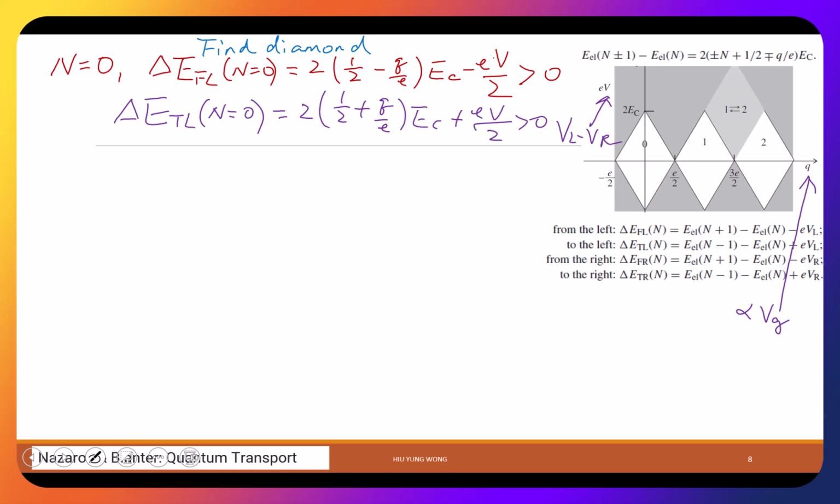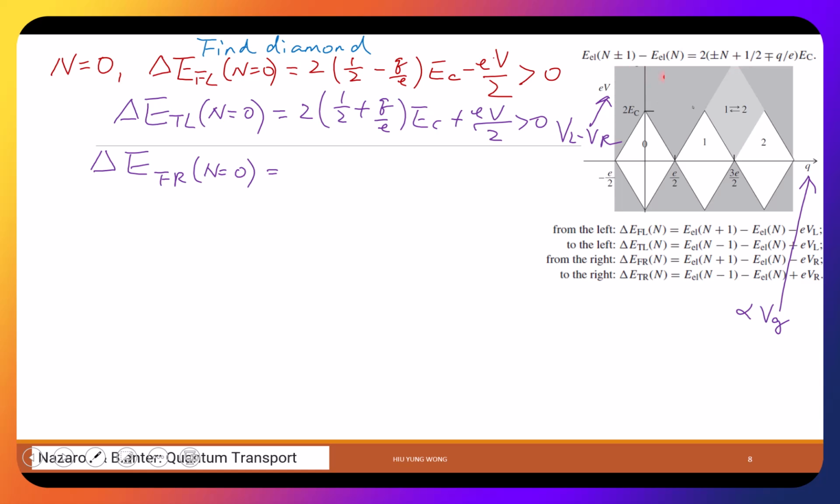If no questions, how about any volunteer? Another process I need to block is from the right, starting with n equals 0. What should be the equation from the right? We will use this one.